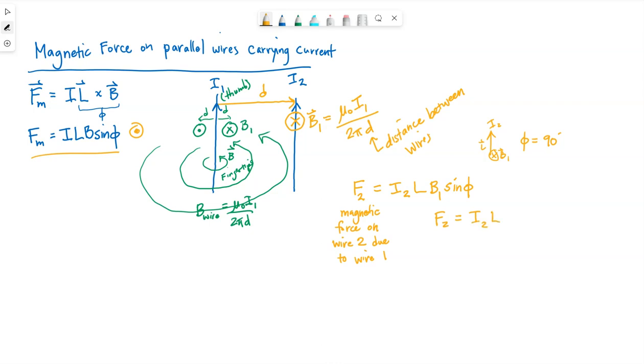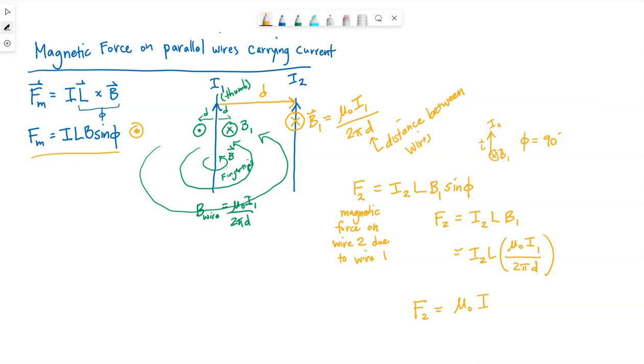F2 will be the current I2 flowing through that right-hand wire, the length of the wire, and B1. But we know B1, the strength of the magnetic field there, is mu naught I1 over 2 pi d. So the magnitude of the force that wire 2 is experiencing because it is in a magnetic field that wire 1 is creating, mu naught is still there.